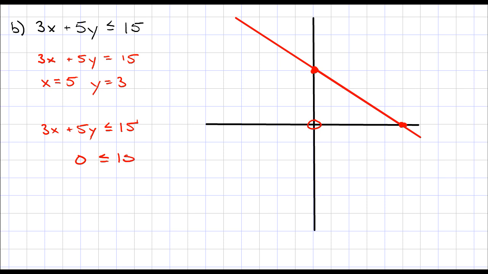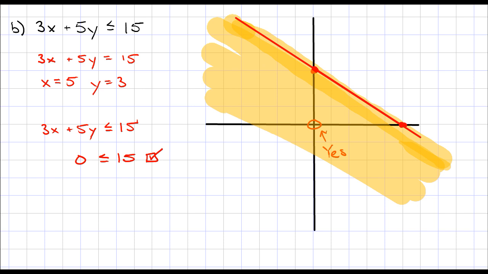That gives me the inequality 0 less than or equal to 15, which is a true statement. So the origin works. So I want to include the side of the line that contains the origin. So my final answer is going to be the line I started with plus everything on this side of it.